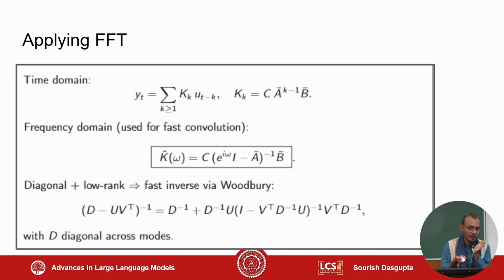The inverse you can apply via the Woodbury result, the theorem, which is (D minus U V transpose) inverse is the same as D inverse plus D inverse U multiplied by (I minus V transpose D inverse U) whole inverse, V transpose D inverse.